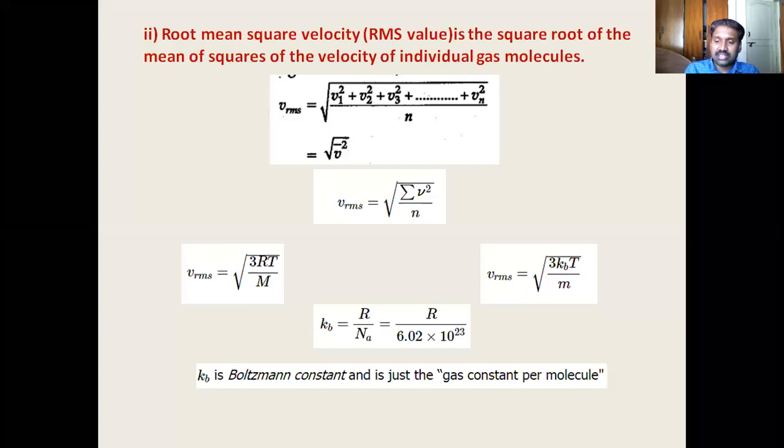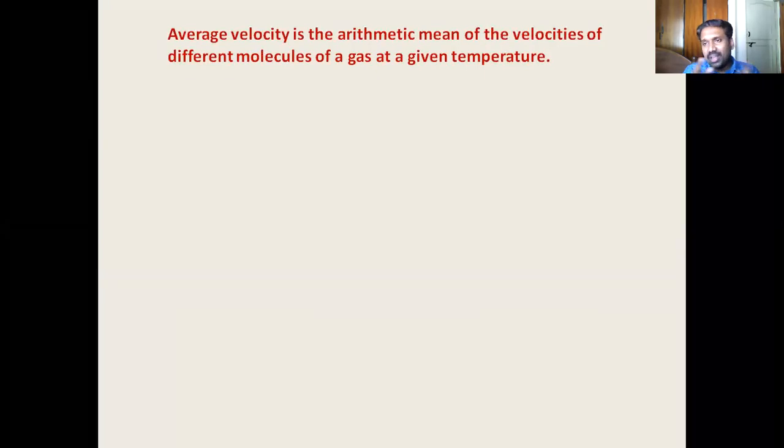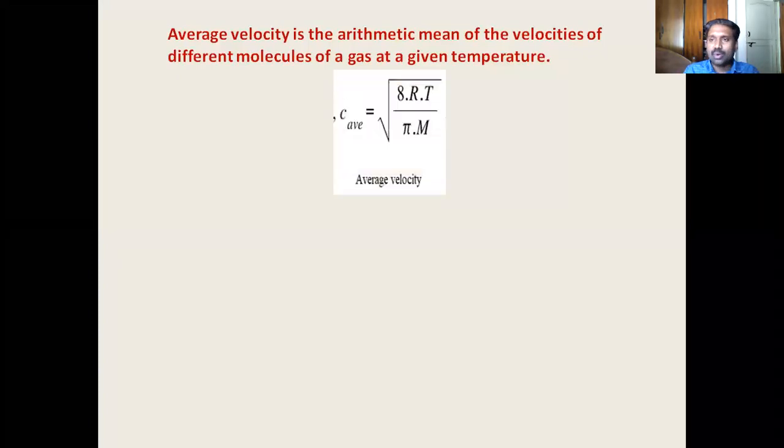mean square velocities. And the last type of velocity will be the average velocity, and there is not much complication in this definition. It is simply the average of velocity of all the gas molecules. And how to get it out from the equation?